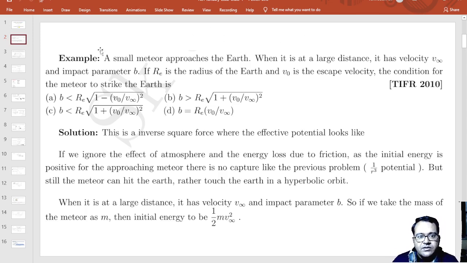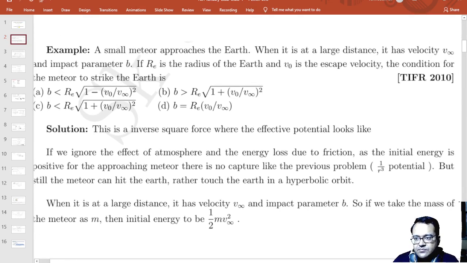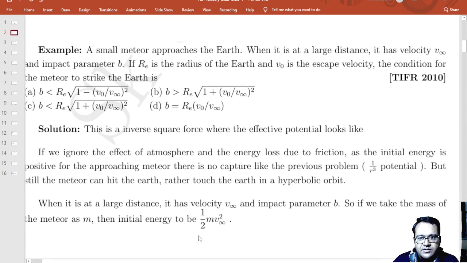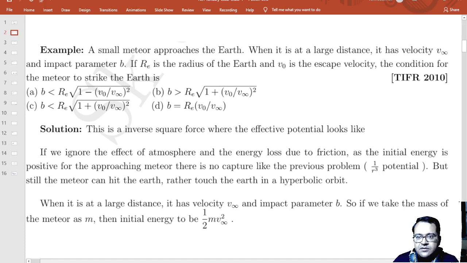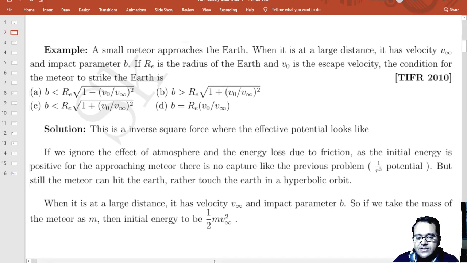A small meteor approaches the Earth. When it is at a very large distance, it has velocity v infinity and impact parameter b. We already discussed what an impact parameter is in the last class.